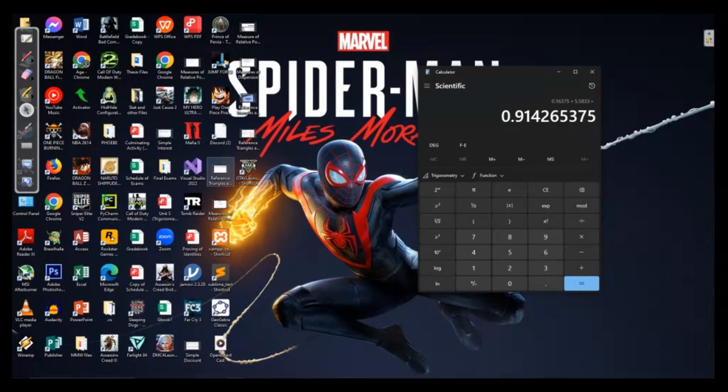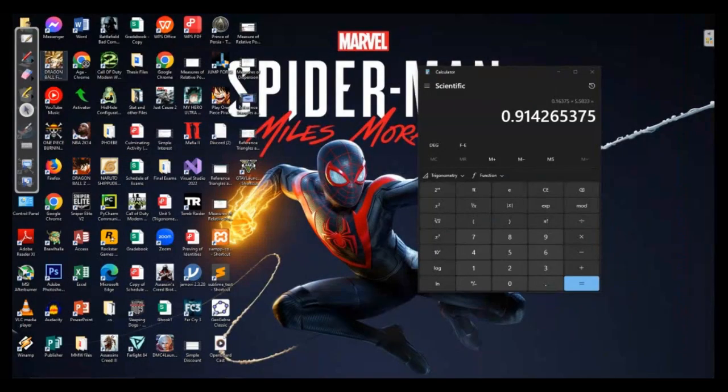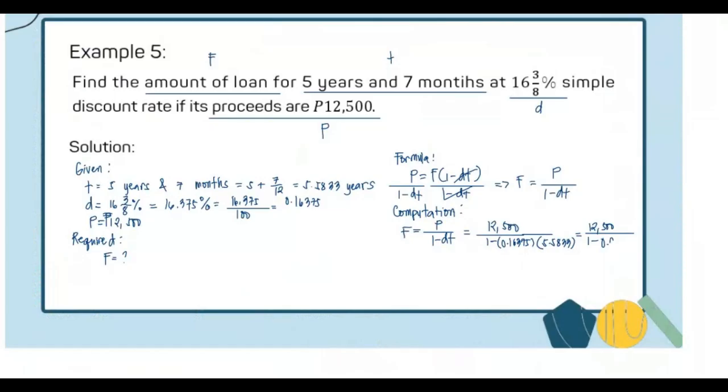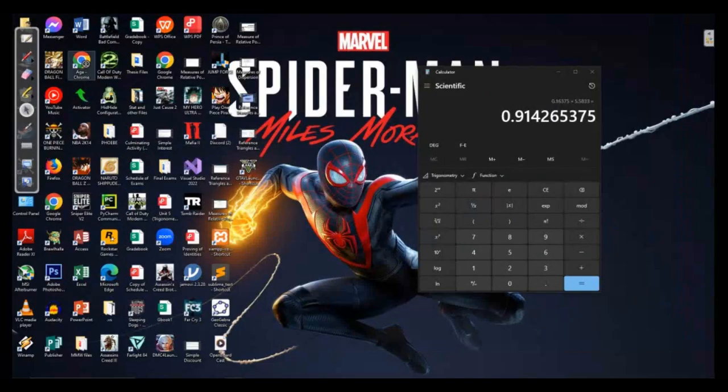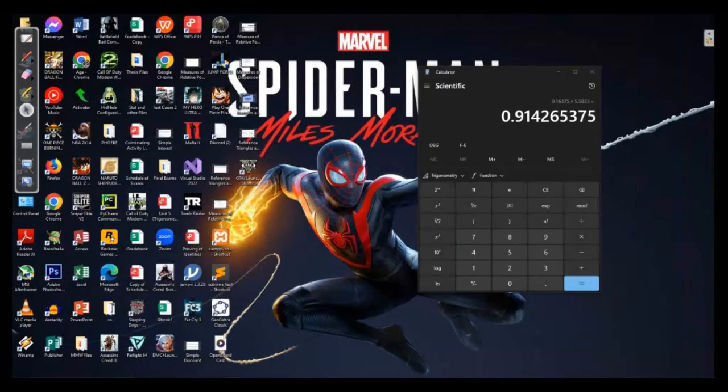Which would give us 0.914265375. So we could just have 0.9143 and make use of that. But we could also write everything, to make it near to our exact value. So 0.914265375.